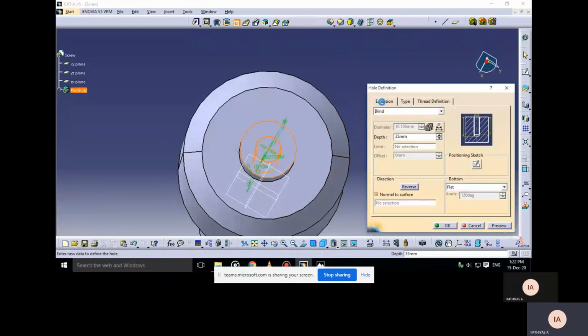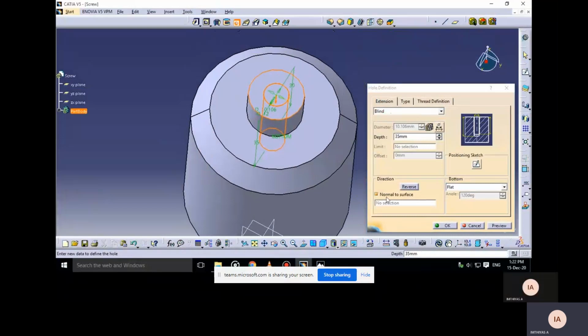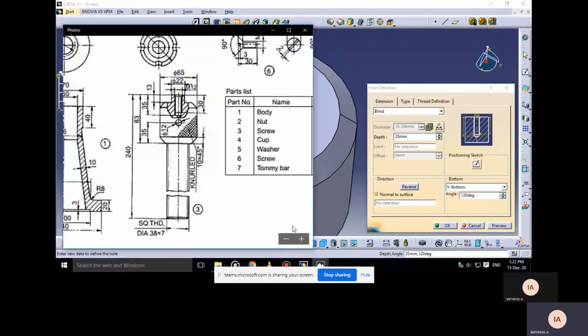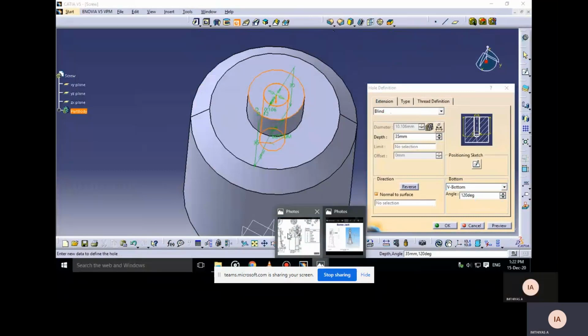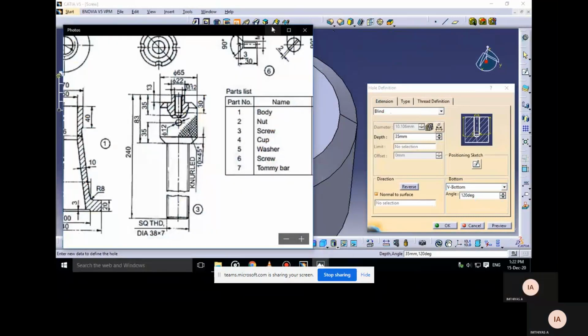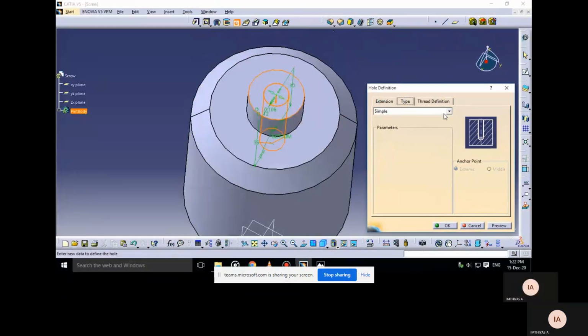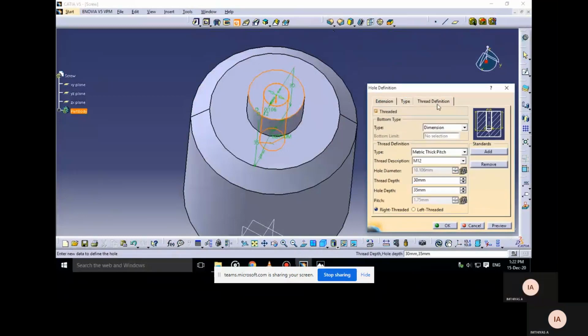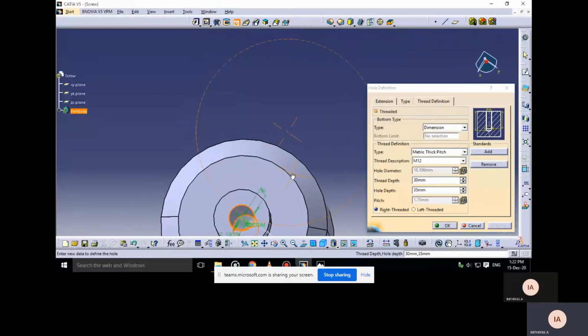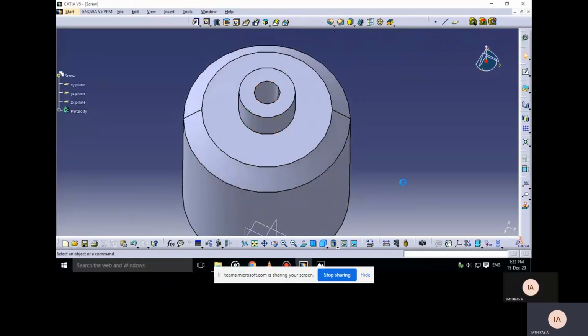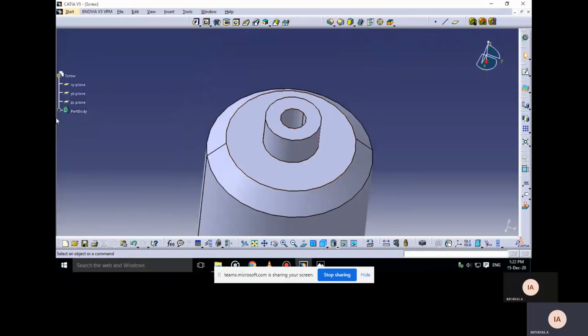Hole depth is 35. By using this hole definition, we can make different types of holes as per what is given in the question.